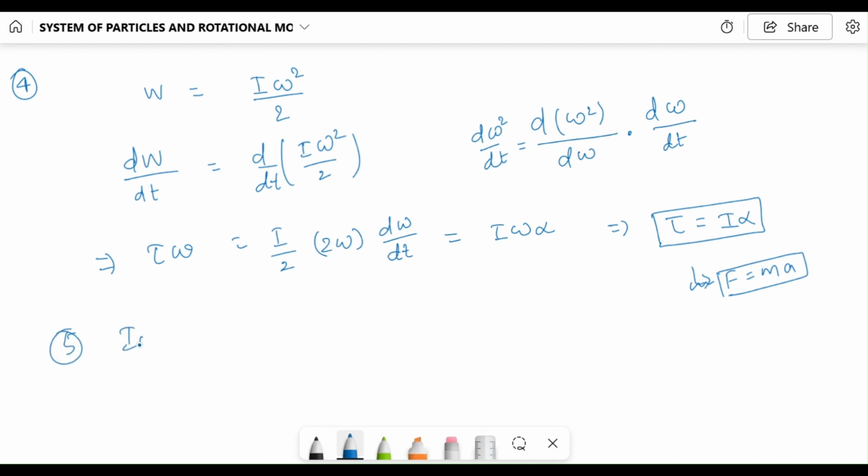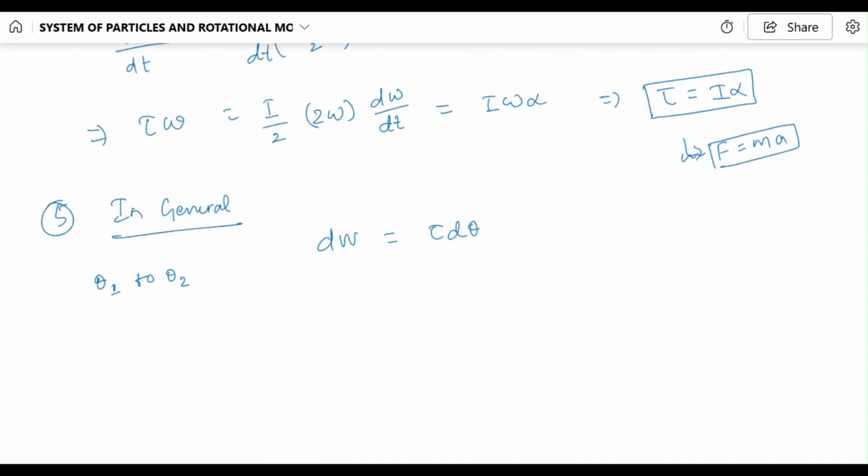Now let me generalize the situation for work done. In general, if we are talking about work done by a torque, we already have dW equals tau d theta. So moving from theta 1 to theta 2, and this torque is acting constantly during this journey, we will have the work done as the integration of dW from theta 1 to theta 2, that is tau d theta.